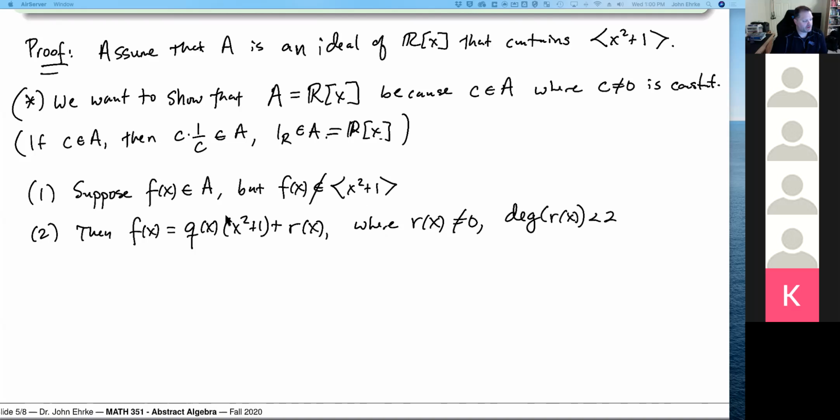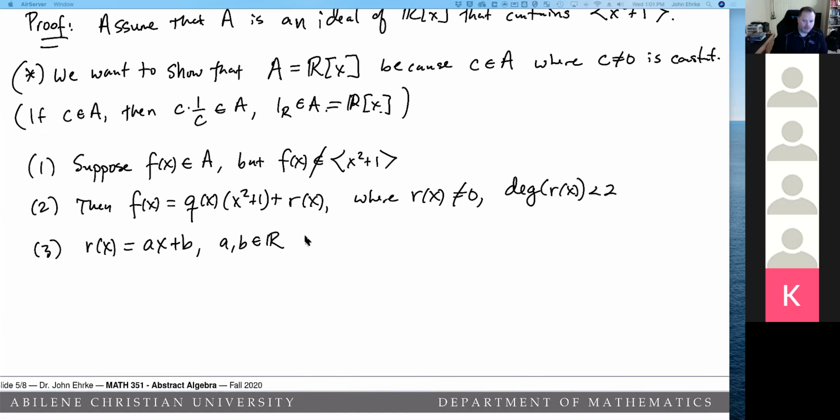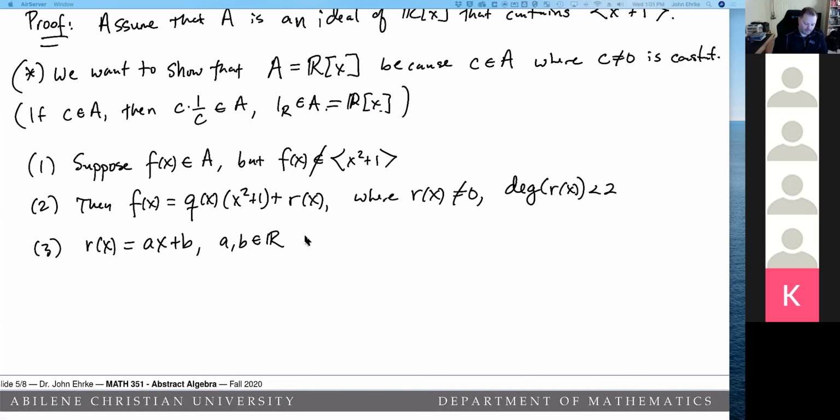So the divisor here is x squared plus 1, so I know the remainder has to have degree less than 2. So the fallout from that is that the remainder must be linear or constant. So it must be of this form.